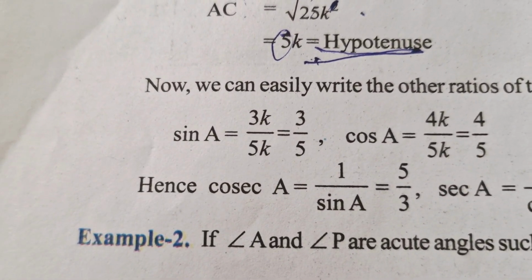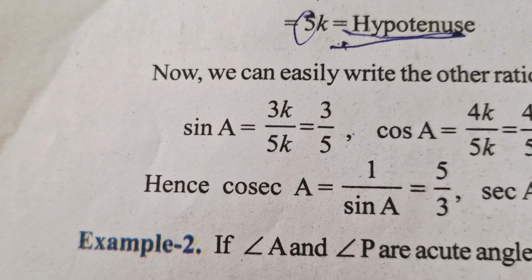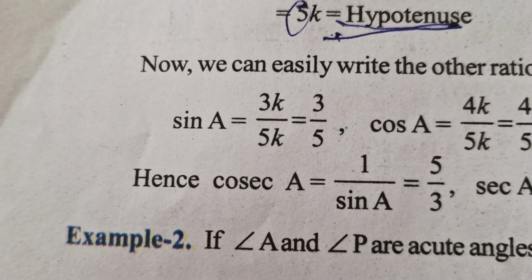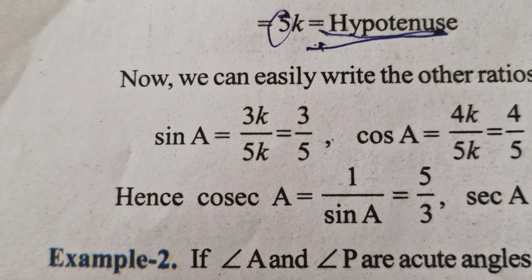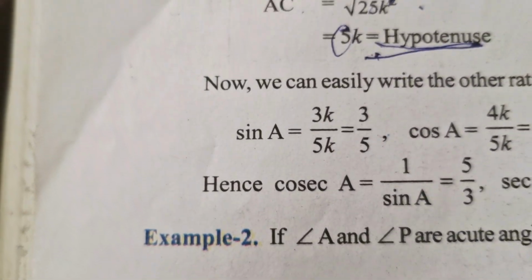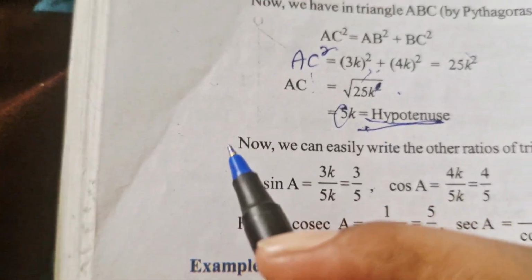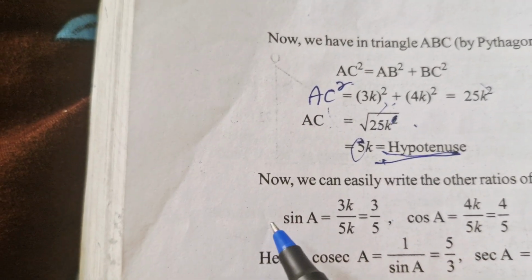Sin A. What is sin A? Opposite side by hypotenuse. Sine is opposite side by hypotenuse. Let me write here so you don't get confused.